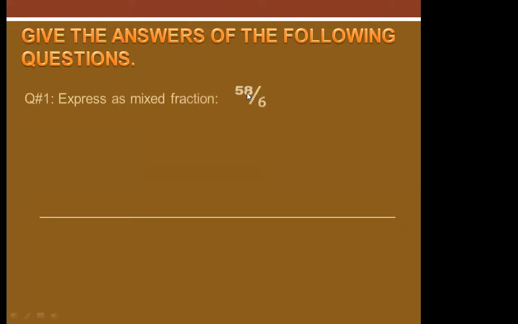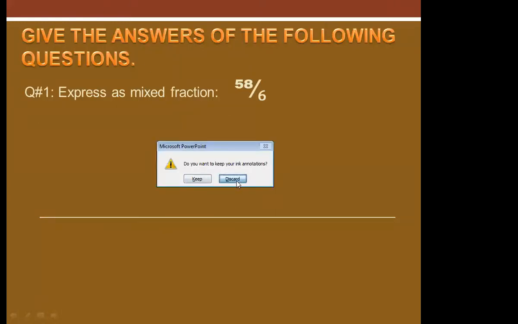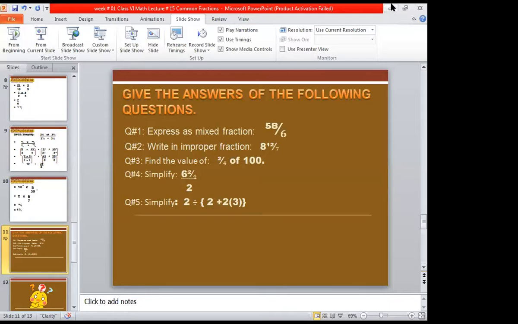So first question is, express as mixed fraction. What you have, 58 upon 6, and you have to convert this into mixed fraction. Please write down the answer in the chat box. 58 upon 6. Class, please tell me, is that clear?